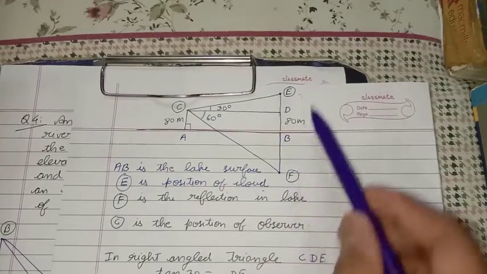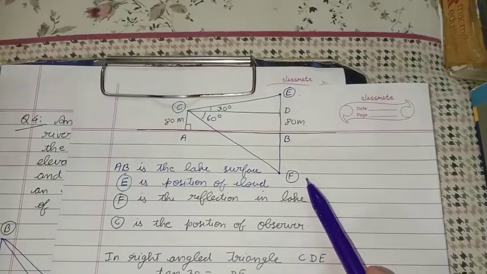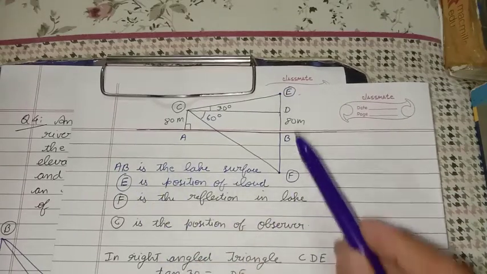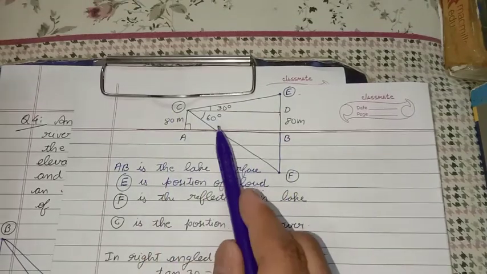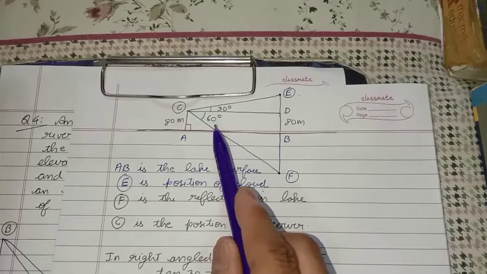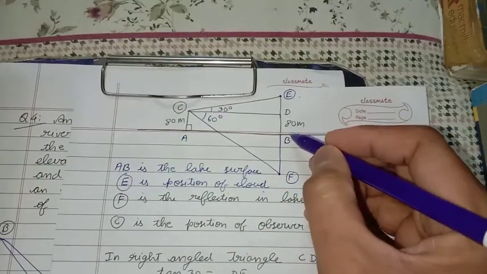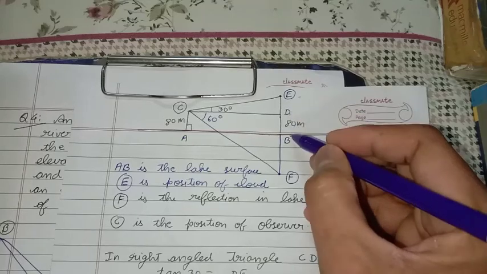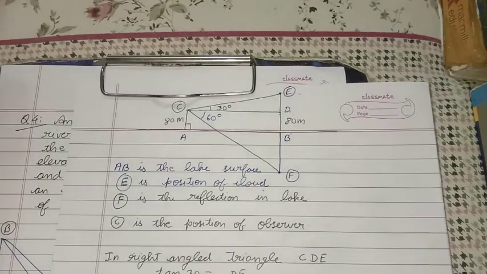F is the reflection of the cloud here in the lake. If I watch this reflection, the angle of depression is 60 degree. And what is 80? Don't get confused, 80 is B to D, this distance is 80, correct? Now he says find the height of the cloud.